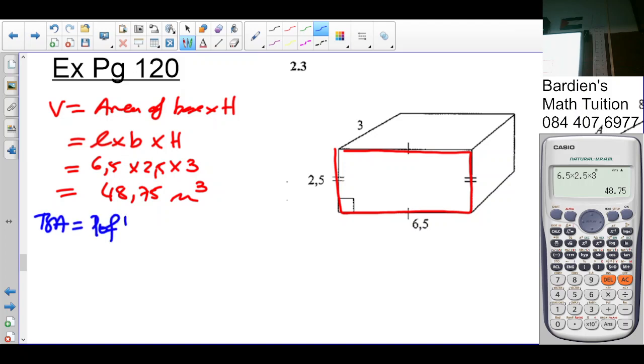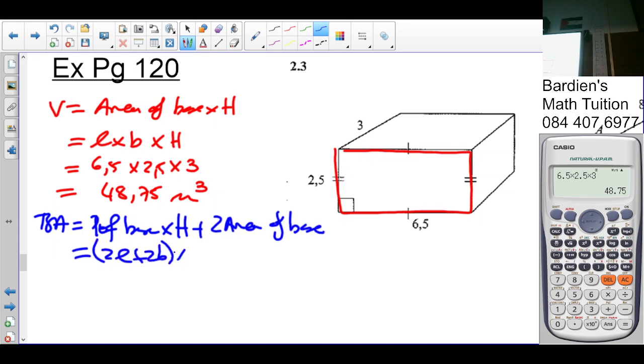The total surface area, TSA, is perimeter of base times height plus 2 area of base. Perimeter of a rectangle is 2 length plus 2 breadth, times height, plus twice area of base, length times breadth.